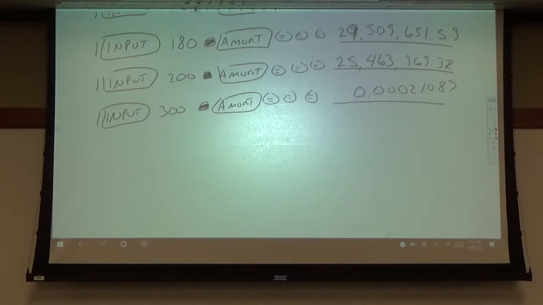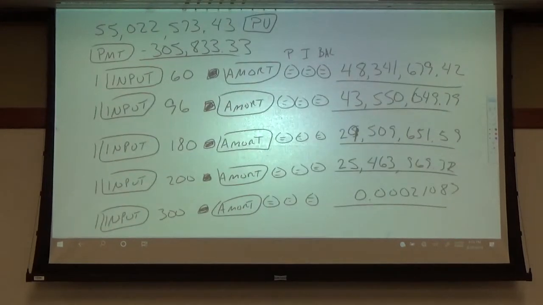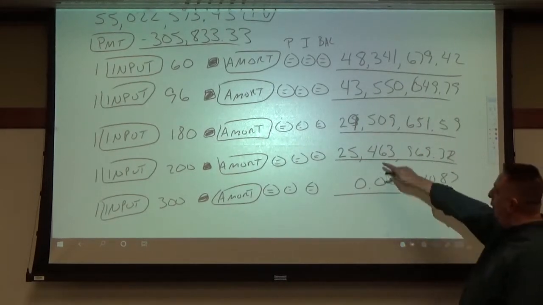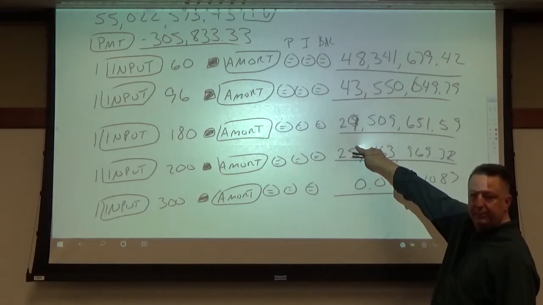But it's kind of interesting that 150 would have been halfway, but we were at, let's say 180, but your original loan was 55 million, and half of 55 million, so 55 divided by 2 would be 27 million, would have been the halfway point, and you really don't reach that halfway point until after basically 15 years.